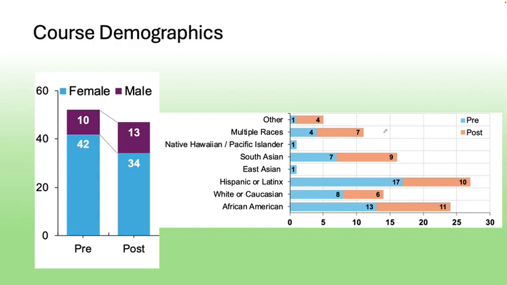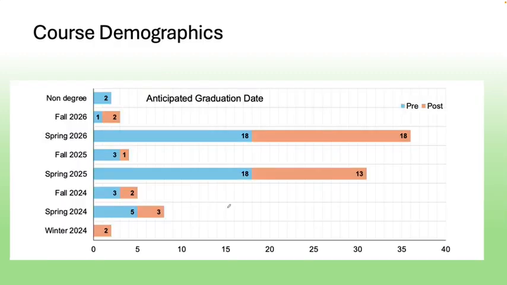And the race and ethnicity demographic actually matched the overall demographic of our college. Primarily, we have a lot of underrepresented minorities in our courses. Many of our students are also either sophomores or juniors. And just to note that these surveys were taken in the fall 2023 and the spring 2024 semesters.